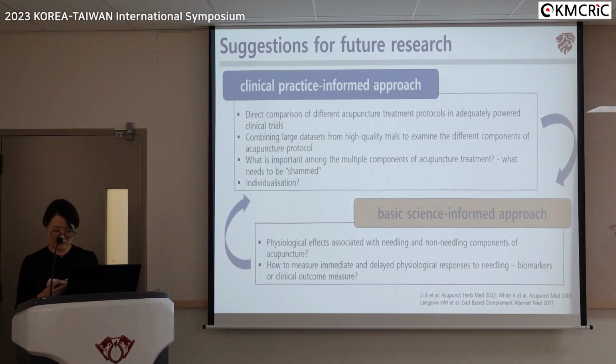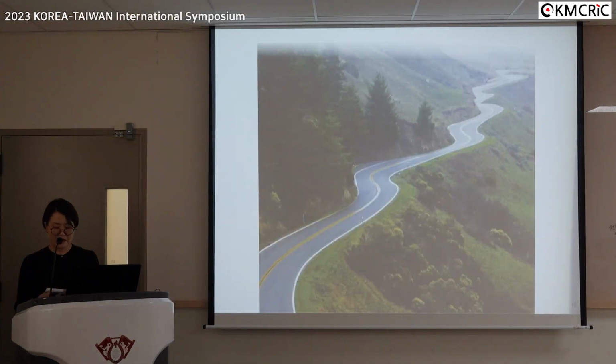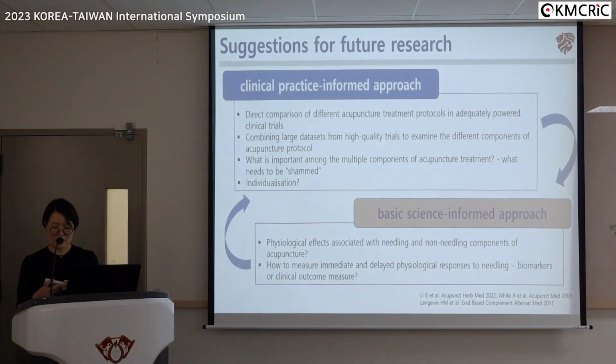And we need to be very clear about reporting what research hypothesis we are testing, and what is shown in our studies. For basic science research, we need to study physiological effects associated with needling and non-needling components of acupuncture.